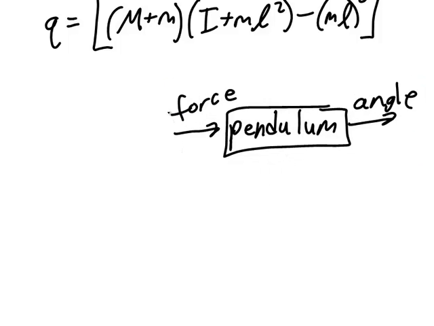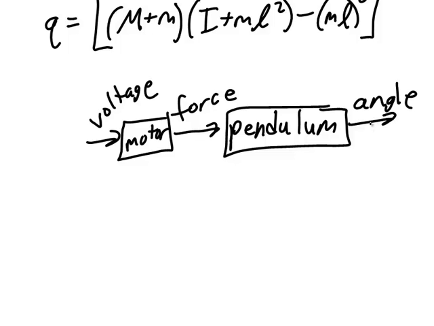But in here, there's another block that is converting voltage into force, and that's the motor. Now we have a new block that's converting the angle into a voltage, and that is our accelerometer.